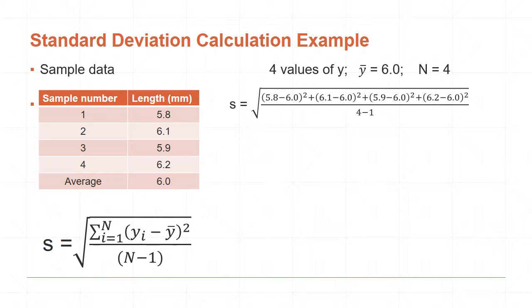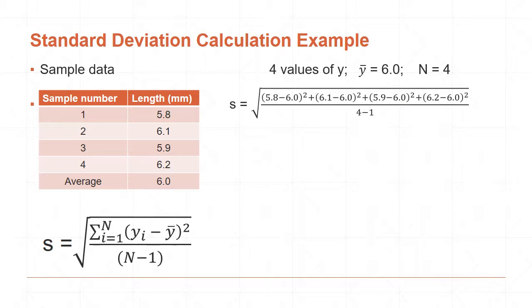And we'll step through this. My first y value, y1, is 5.8. So my first number that I sum is 5.8 minus the 6.0, my y bar. I square all of that. My second value is 6.1. So my next sum would be 6.1 minus 6.0, all of that squared. My third value, 5.9. 5.9 minus 6.0, square that again.